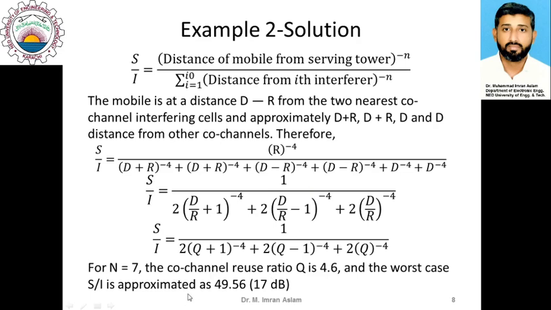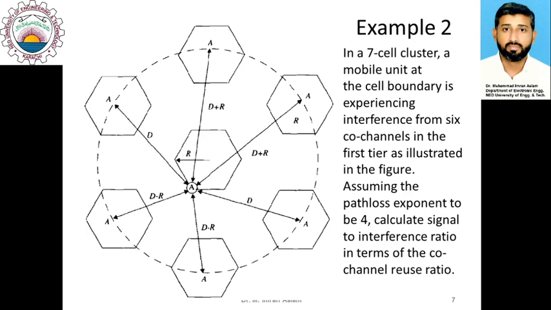Practically, this 17 dB refers to the worst case condition where the mobile is at the corner. In most cases, the mobile would be somewhere inside the cell, and the probability of having the mobile at the corner is lower.